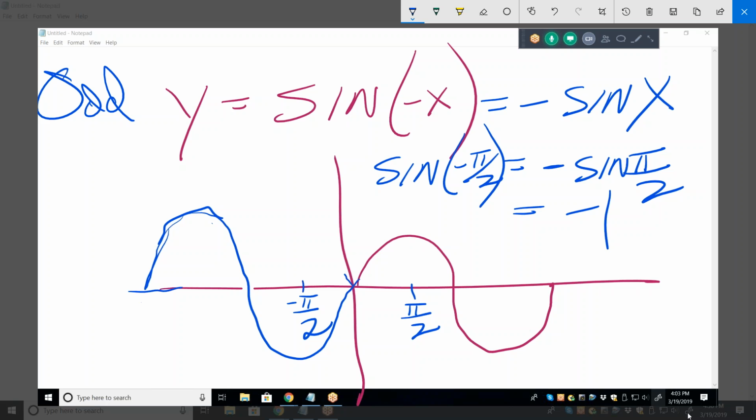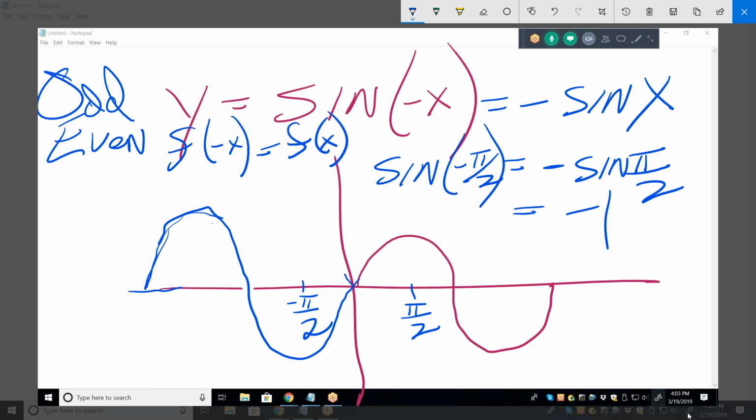An even function says f of minus x equals f of x, and an example of that is cosine. If you look at the cosine of minus x, it's equal to the cosine of x, as opposed to the sine of minus x, which is minus sine of x.